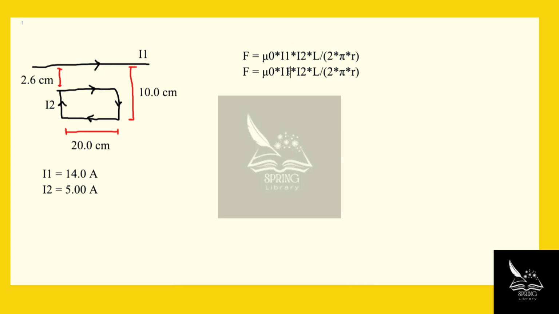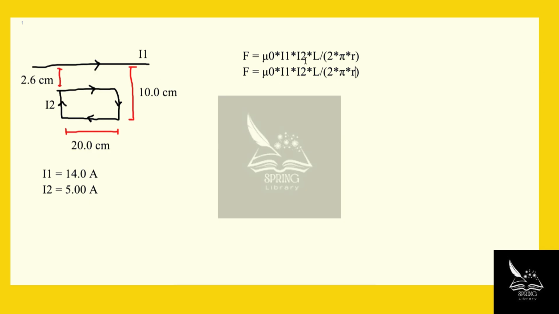So let's consider the force on the top wire first. We have our I1, which we know is 14 amps, and our I2, which we also know. The length is going to be the length of this wire, which is 20 centimeters. And now we need 2 pi r, the distance from the long wire to the top wire.